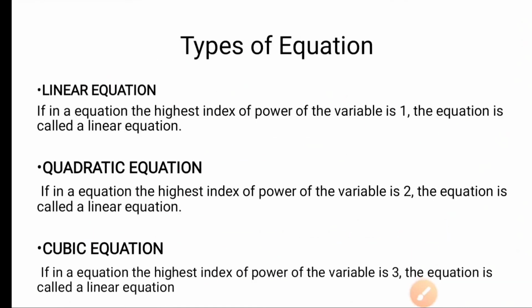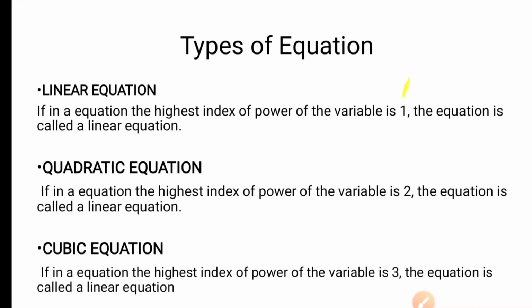Now, types of equation. There are many types of equation; I am just dealing with three: linear equation, quadratic equation, and cubic equation. Linear equation: if in an equation the highest index of power of the variable is 1, the equation is called a linear equation.